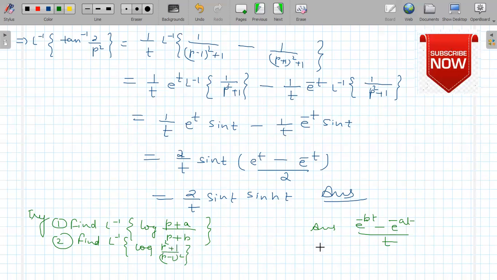Okay, and its answer is 2 times (e raised to power t minus cos t) whole divided by t. Okay, just do it by yourself.